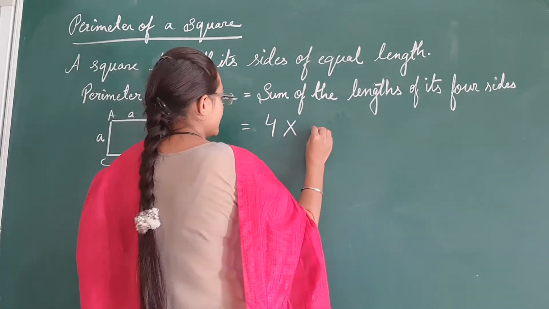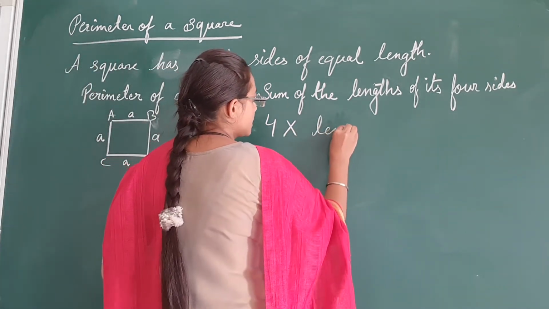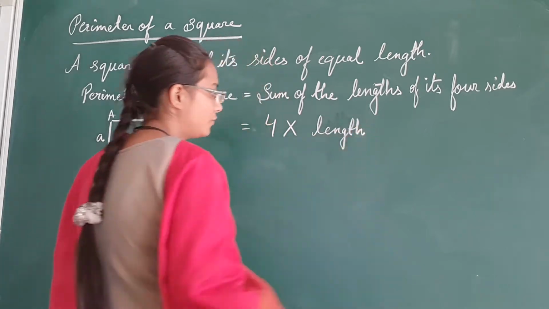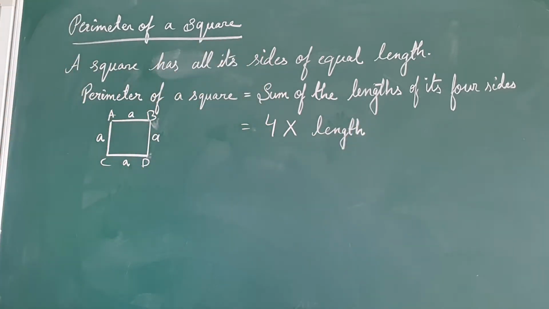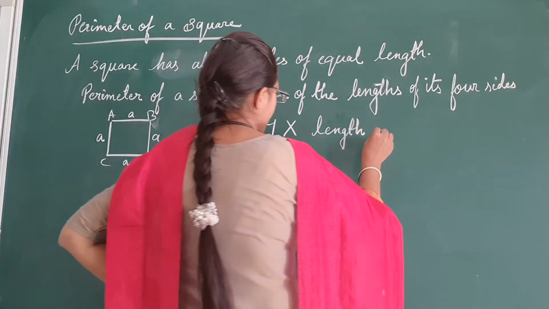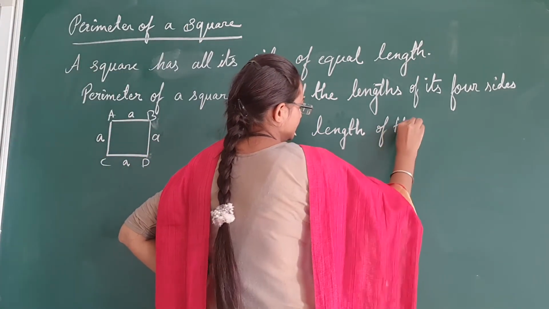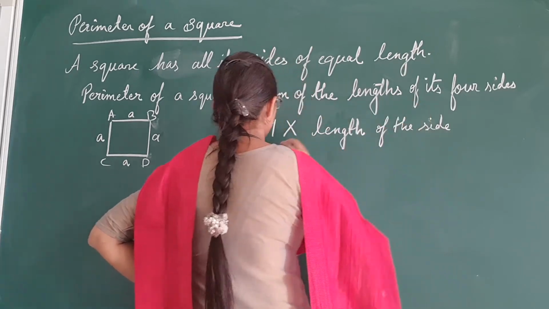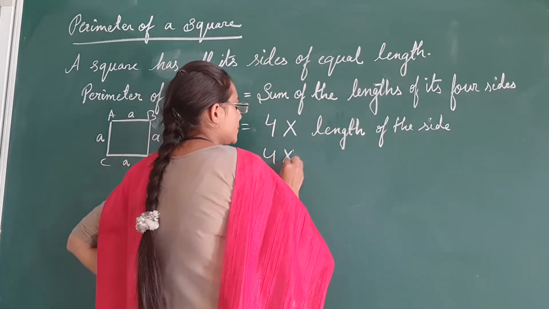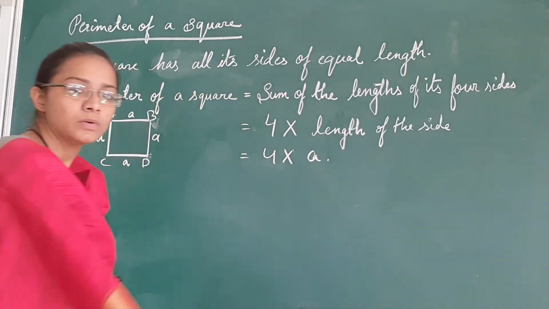Or else we can write 4 times the length of the side, or else we can write it as 4 into A.